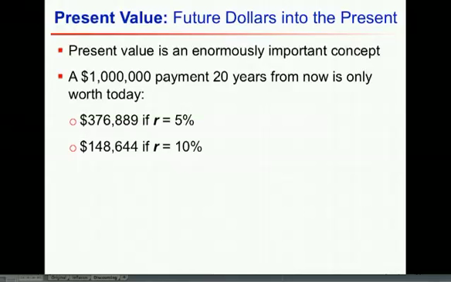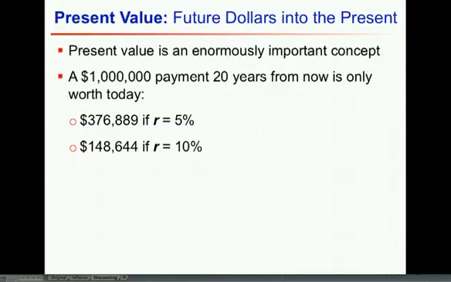And this is a very important concept, because if you don't discount, you really are getting the numbers way off. To give you some idea, think about $1 million that you're going to get 20 years from now. That may sound like a lot of money. Well, if the discount rate is only 5%, that's actually worth only a little over a third, $377,000, today.